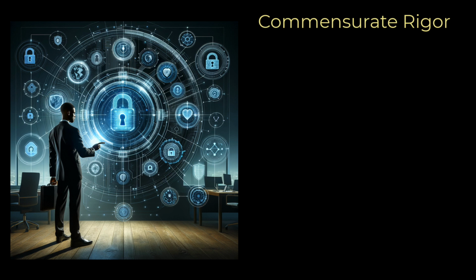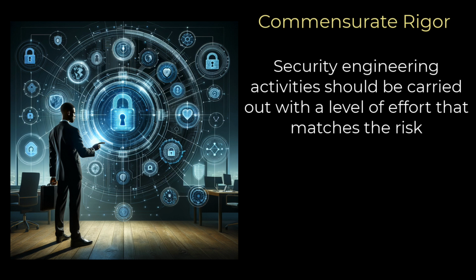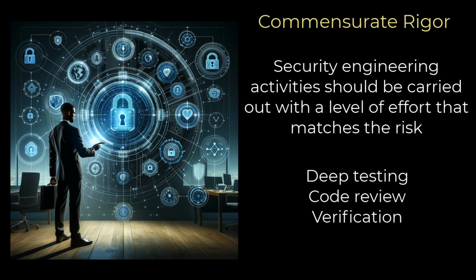The principle of commensurate rigor asserts that security engineering activities themselves, design, testing, assurance processes, should be carried out with a level of rigor that matches the stakes. If the system requires a high degree of trust, we must apply very rigorous methods, deep testing, code review, verification, to gain confidence in it.